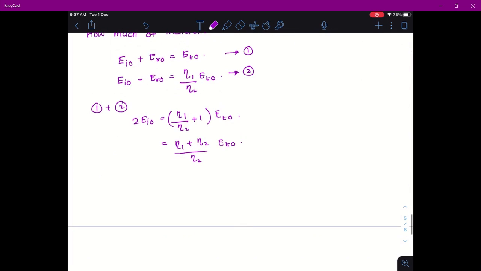Now if you take the ratio of ET0 by EI0, you are basically looking at how much of the transmitted wave is from the incident wave, and this is called tau, the transmission coefficient, which is equal to 2 eta 2 by eta 1 plus eta 2. This is the transmission coefficient.